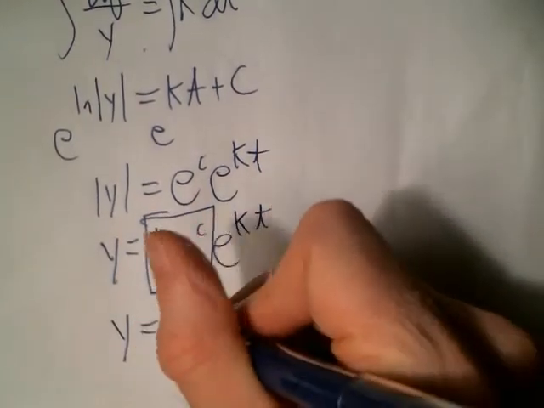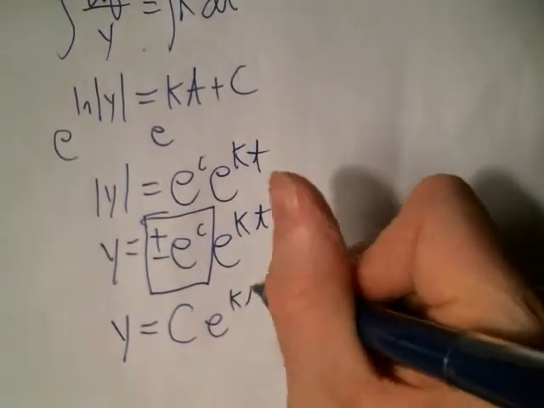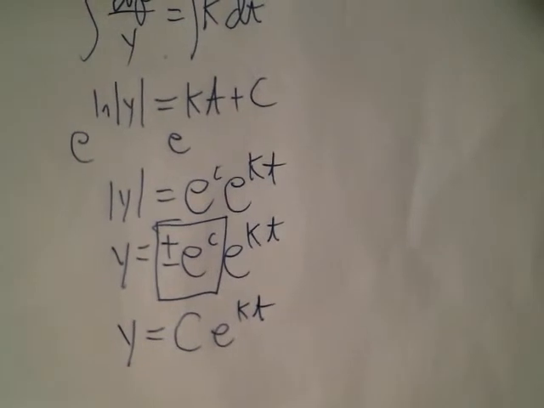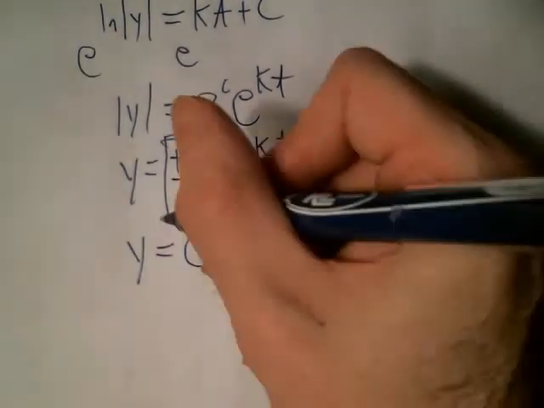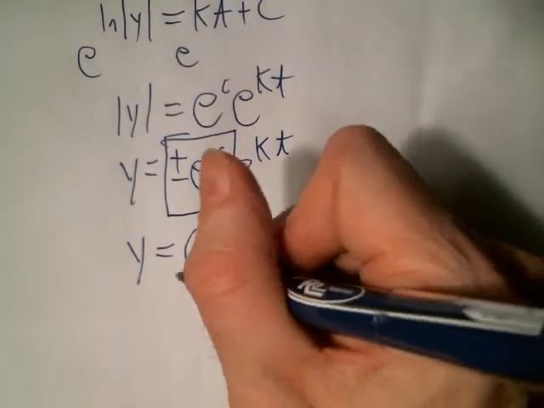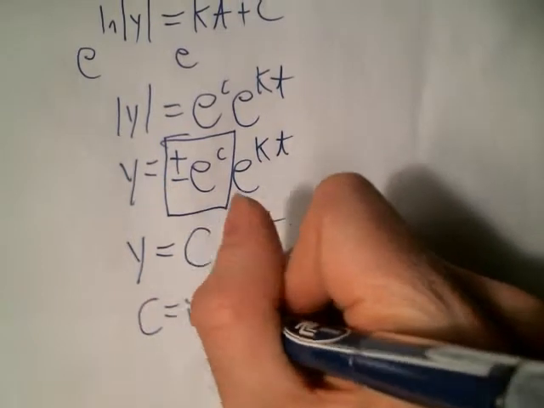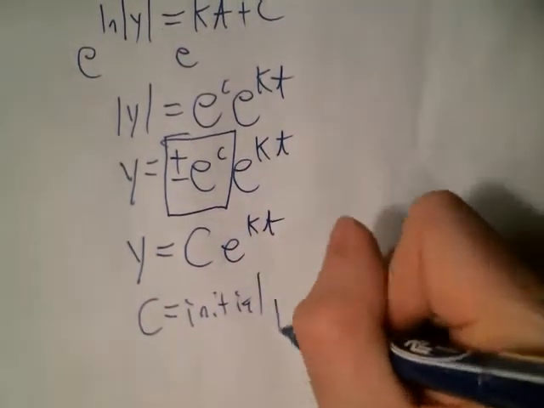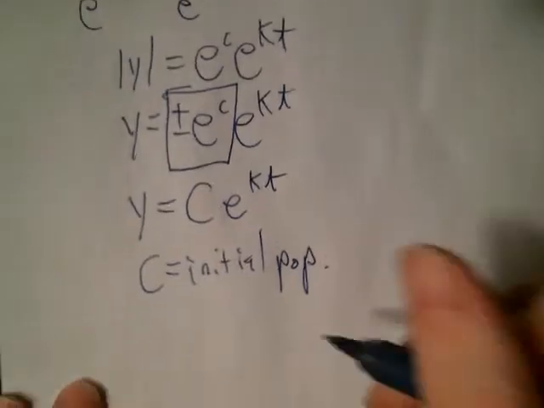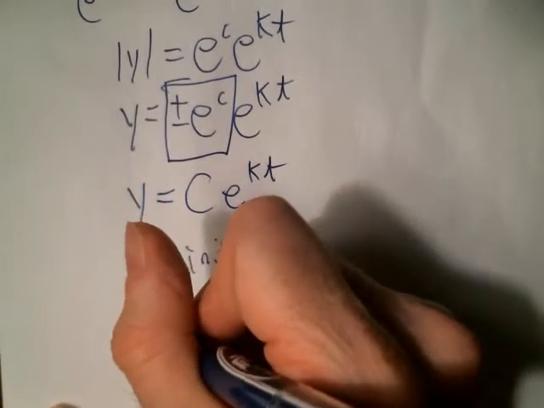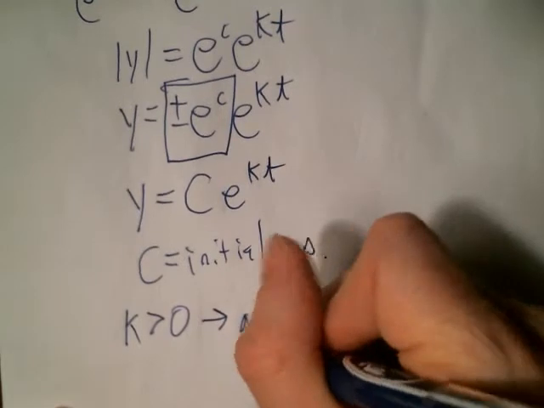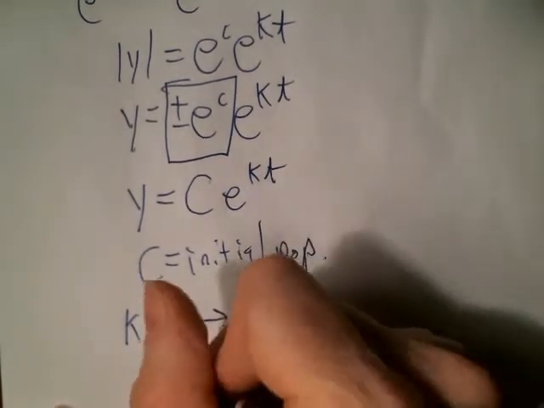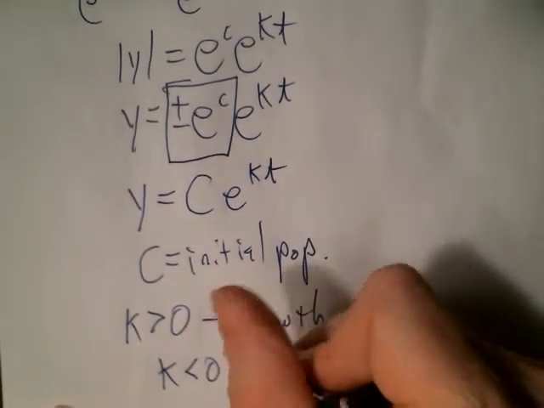So we end up with y equals c e to the kt. All right? And that's the formula that you use in your physics and chemistry class. The c value will be your initial population, and your k value is your growth rate. If k is greater than 0, you'll have growth. If k is less than 0, you've got decay.